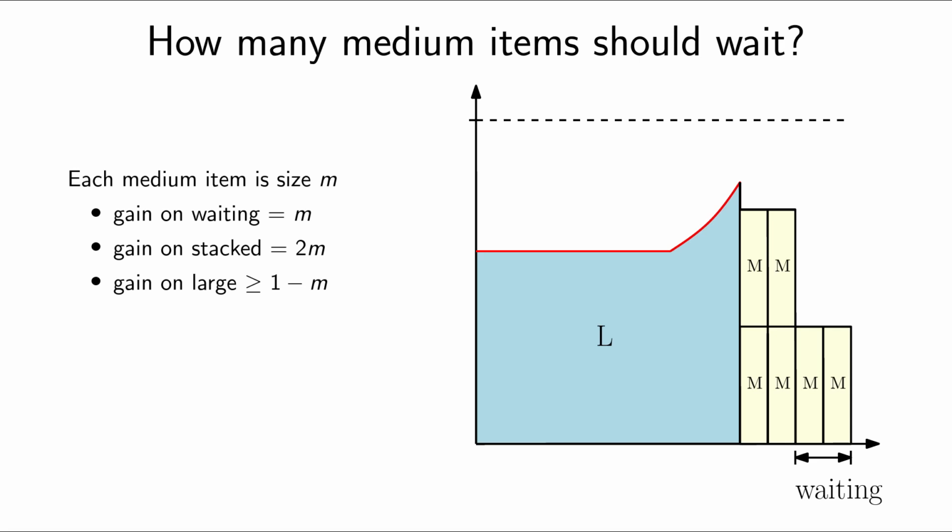Moreover, waiting items contribute to gain on large items even if they are not directly combined with them. Recall that we always attempt to combine medium and large items. Hence, if some medium items wait, then large items were big enough so they were never combined. Precisely, the gain on each large item is both larger than 1 minus m and larger than the threshold of its knapsack.